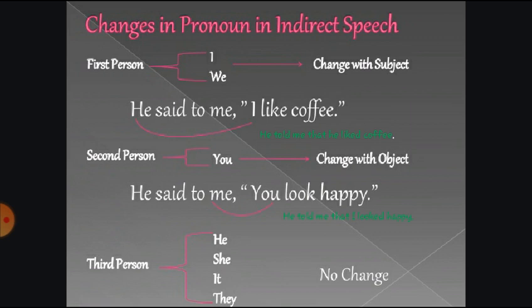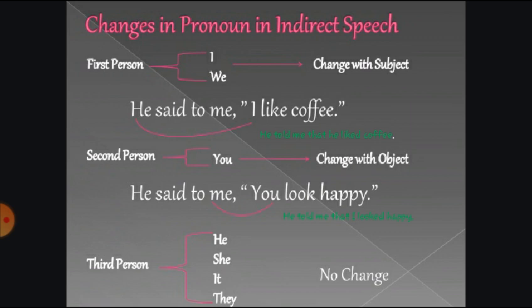Even we have talked about change of person, first person, second person, and third person. First person of reported speech can be changed into indirect speech according to subject of reporting speech.